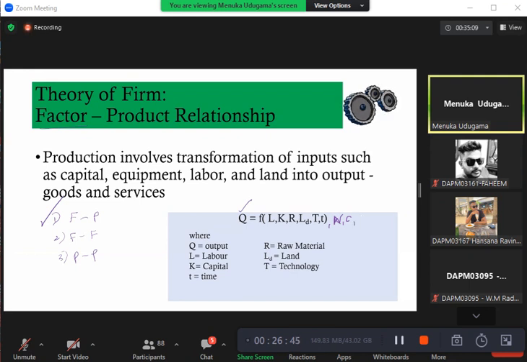What else? Government intervention would have an impact, doesn't it? If the government decides to give a subsidy or a quota, then that's going to affect the production. What else? Tariffs, imports, right? So we can think of so many factors that could affect the quantity produced.